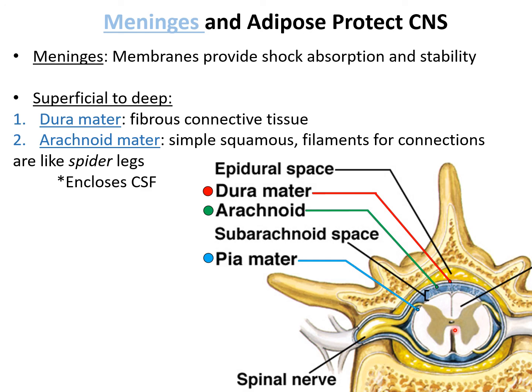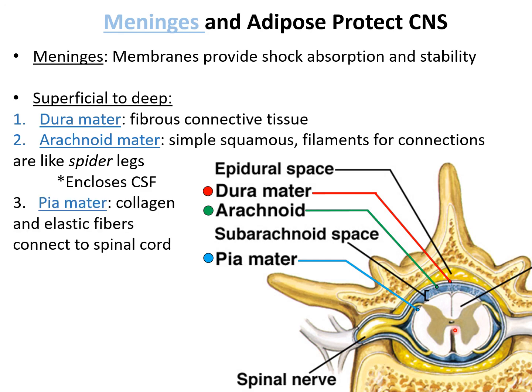So CSF on the surface and within the central nervous system. Finally, we have the pia mater, pia or pita. This is actually on the surface of the central nervous system itself. Right, so it's very elastic, lots of collagen, giving strength to this bundle of neurons, essentially.